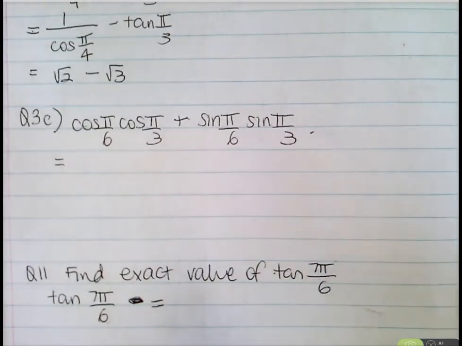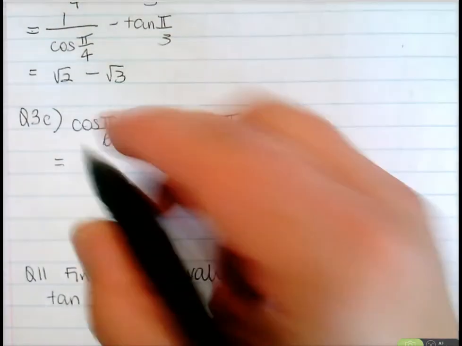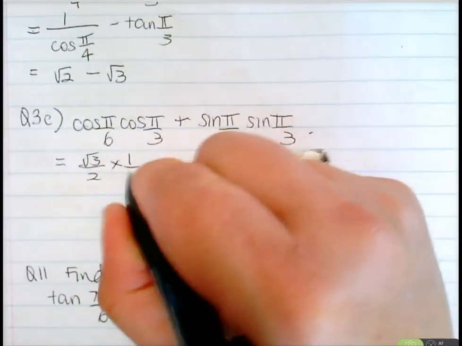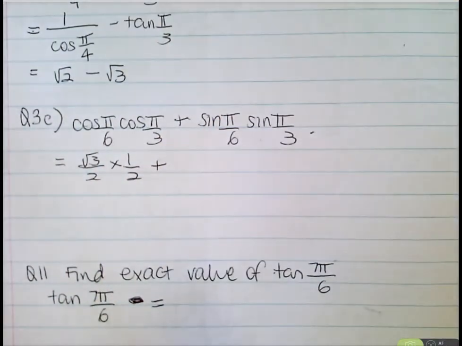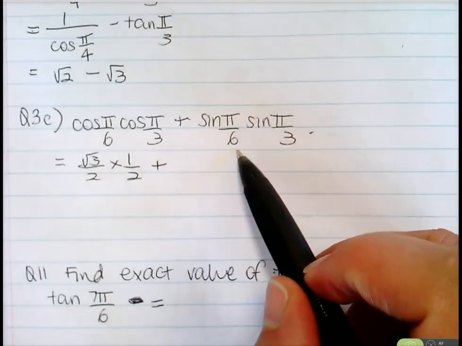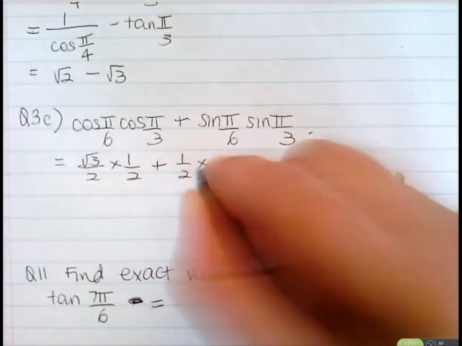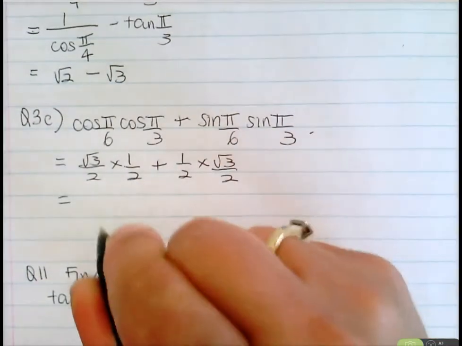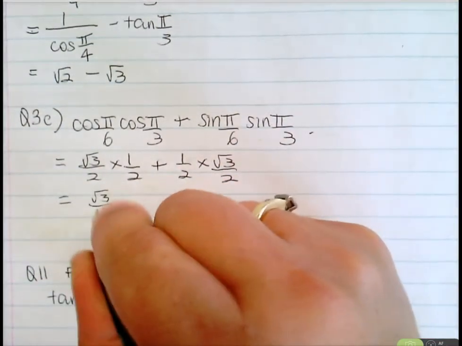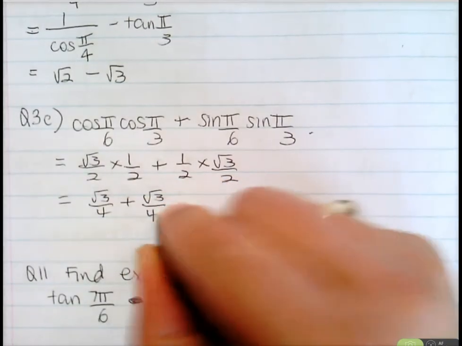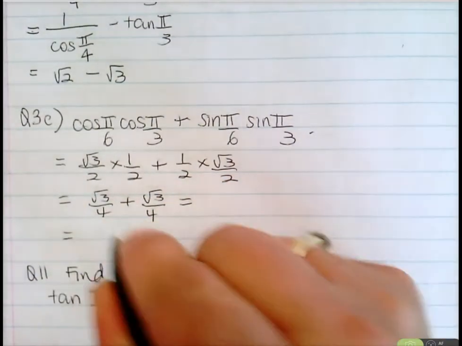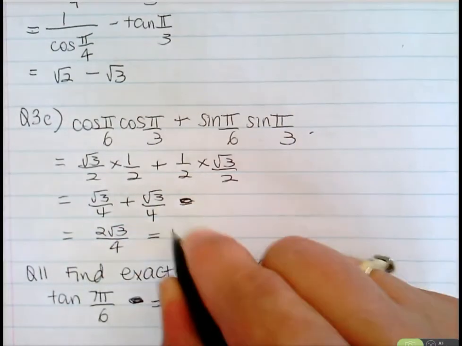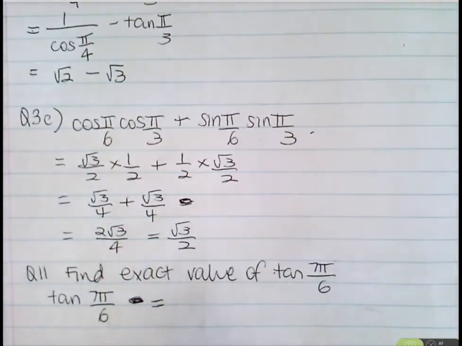All right, we ready? Cos 30. Cos 60. Sine 30. Sine 60. And there's no rationalizing the denominators. So we got root 3 on 4 plus root 3 on 4, which is 2 root 3 on 4, which is, yep, all right.